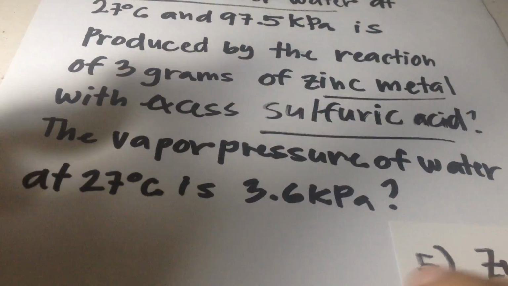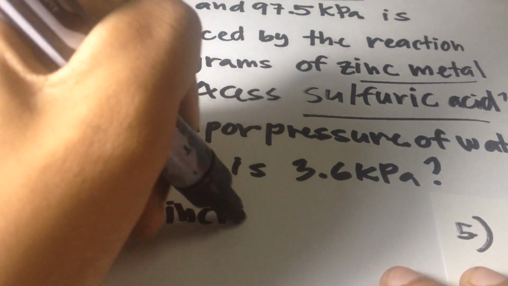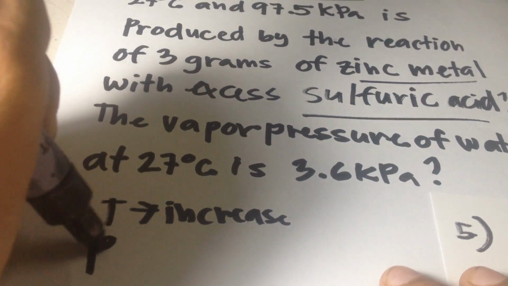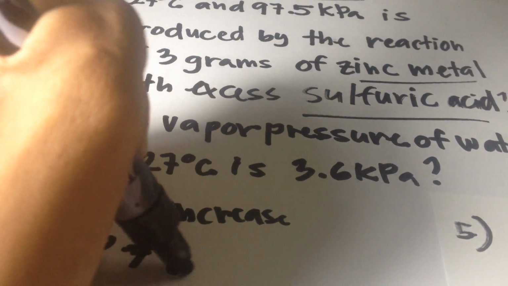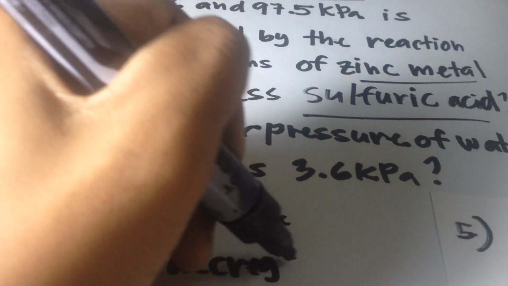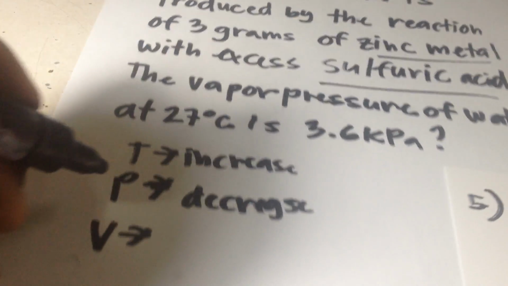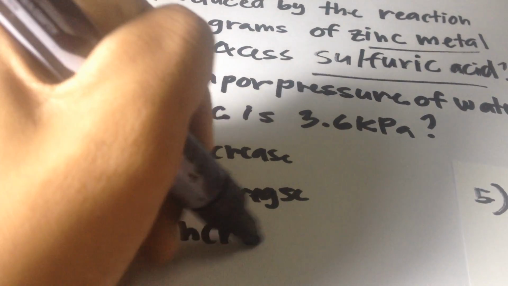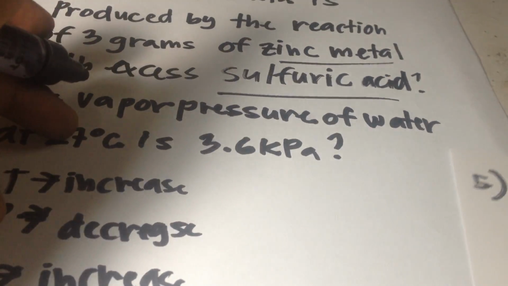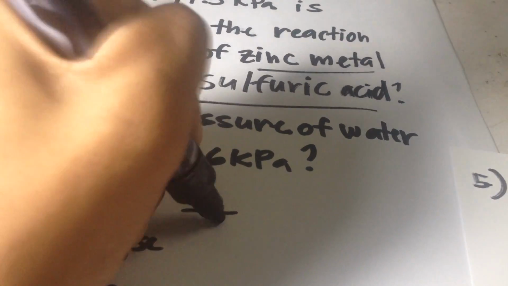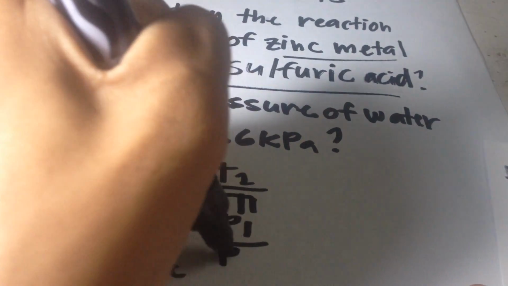When the temperature increases, the pressure decreases, and the volume will increase. So the ratio of temperature is T2 over T1, and the pressure ratio is P1 over P2.